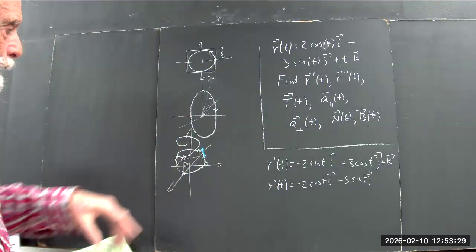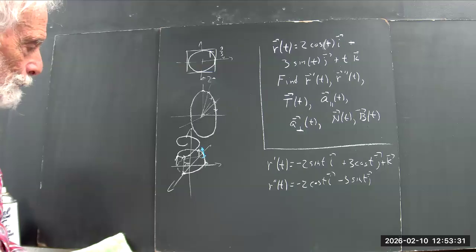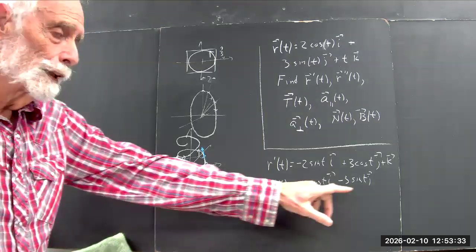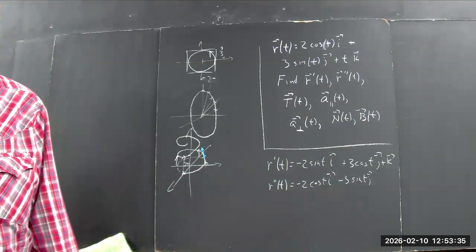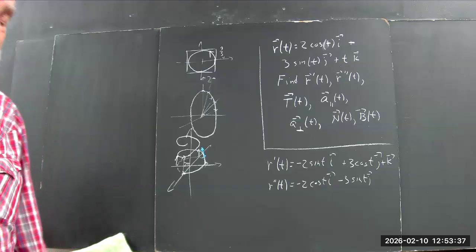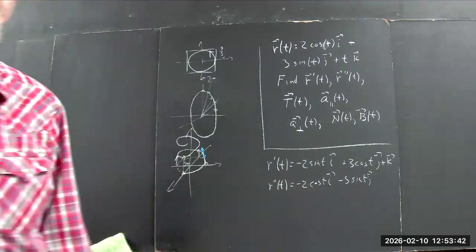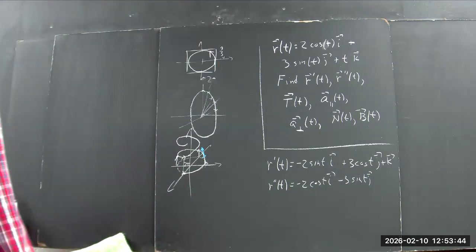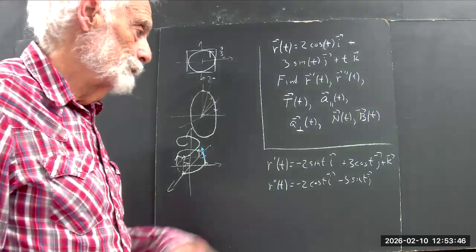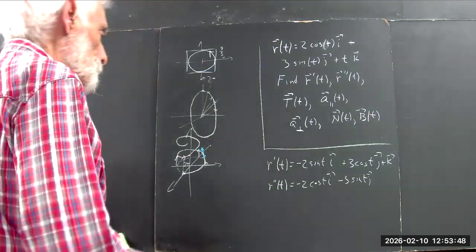It's not in the xy plane, but it just has an i component and a j component. But you're speeding up and slowing down in the i and j directions.